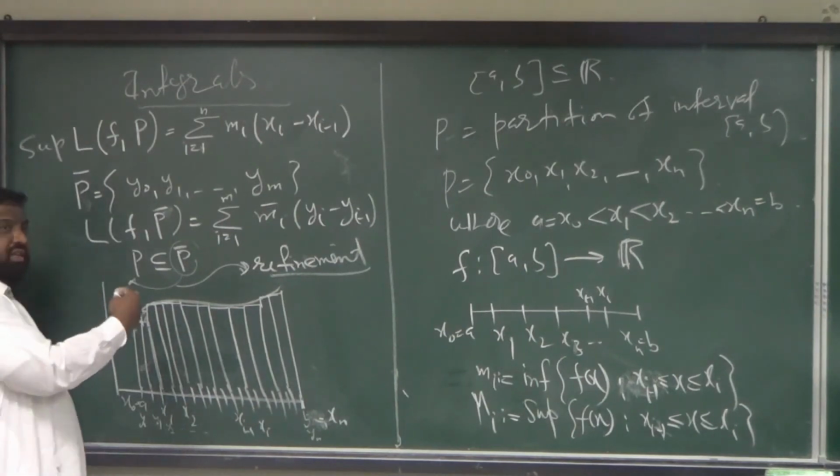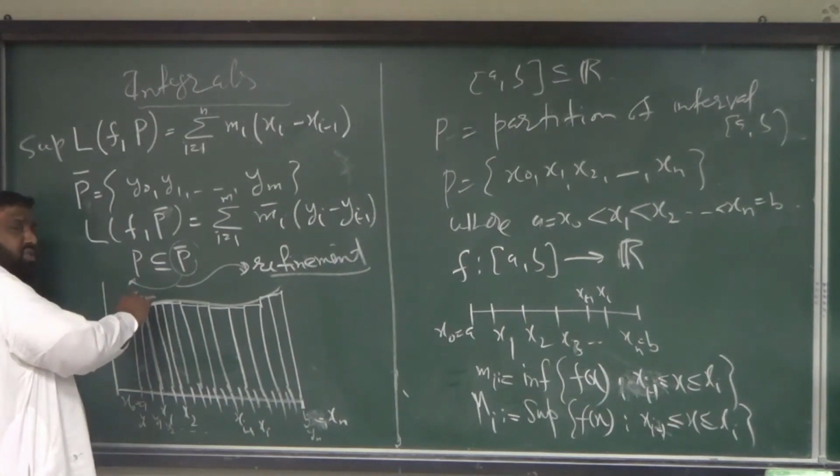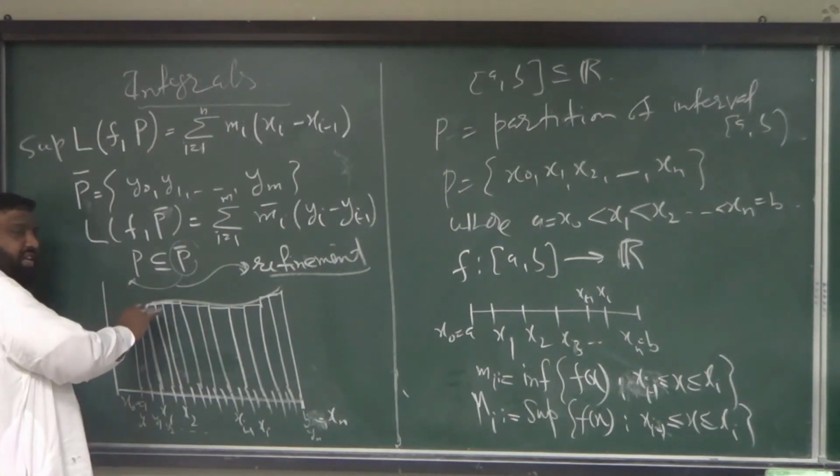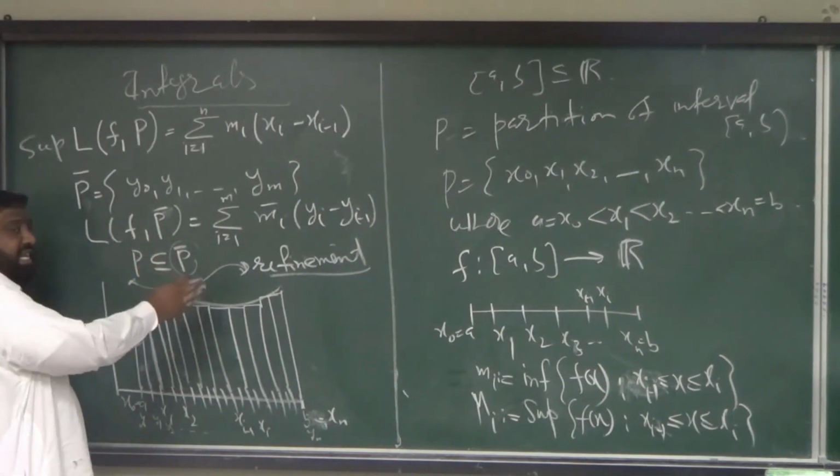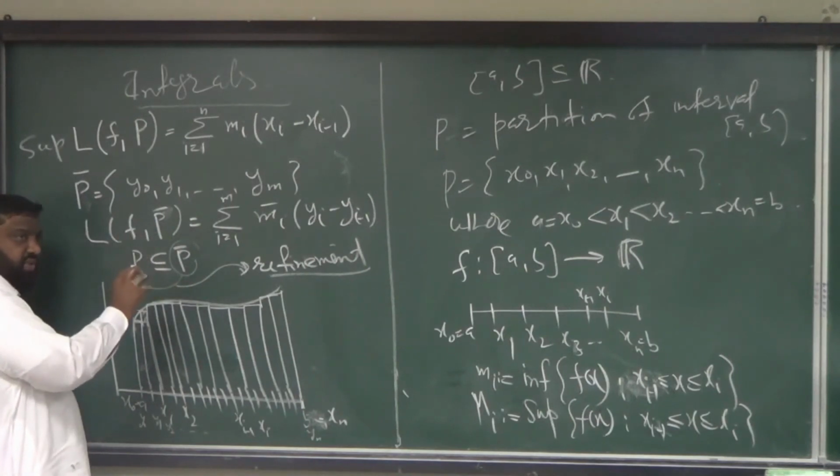And you make your partition refined by the same logic. You will see that this error, this upper Riemann sum that we are going to define, is going to reduce and reduce.